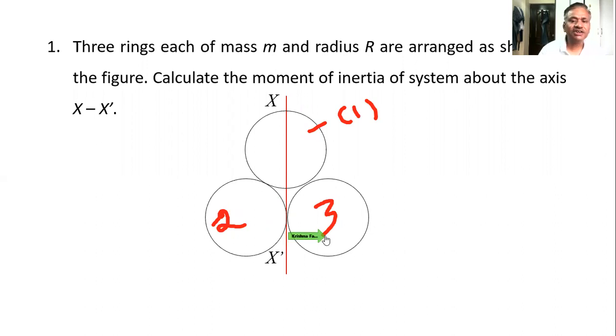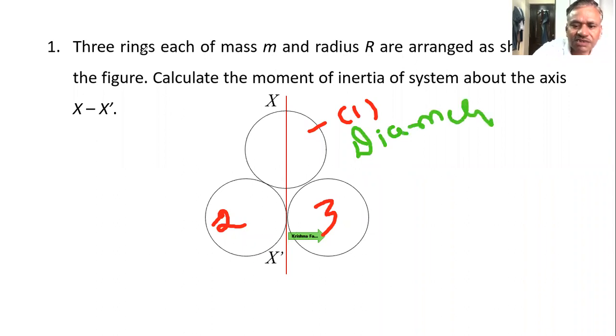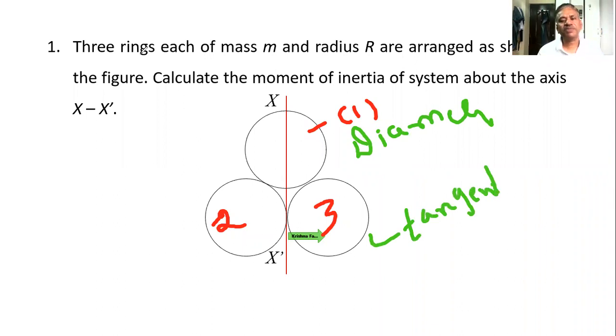How many cases are there? One is the diameter, and the other is a tangent in its own plane. I think this is the third and fourth case of moment of inertia.